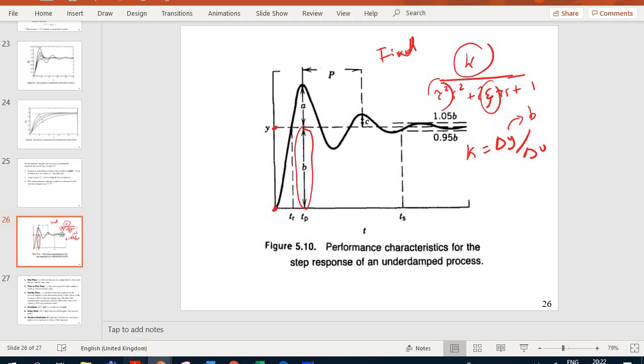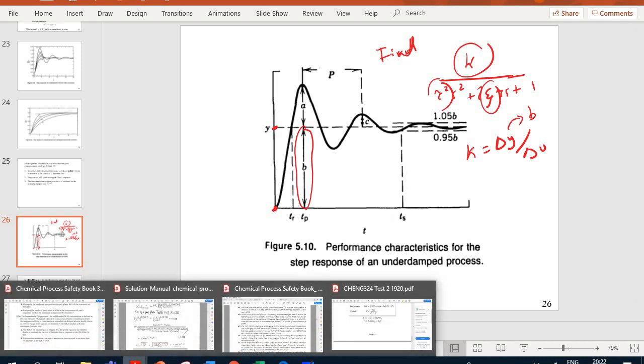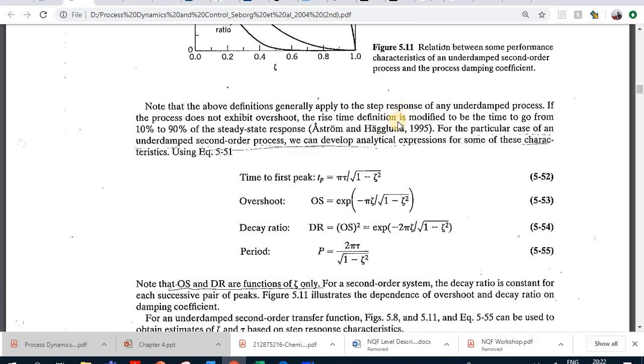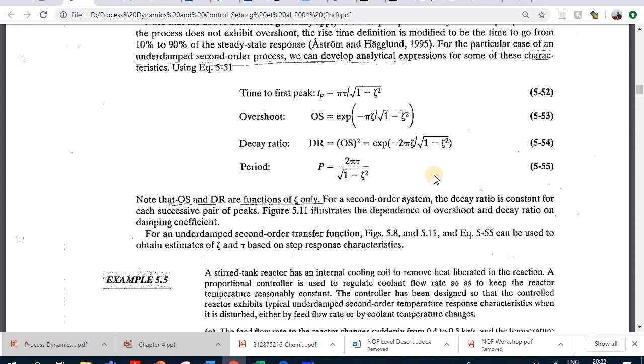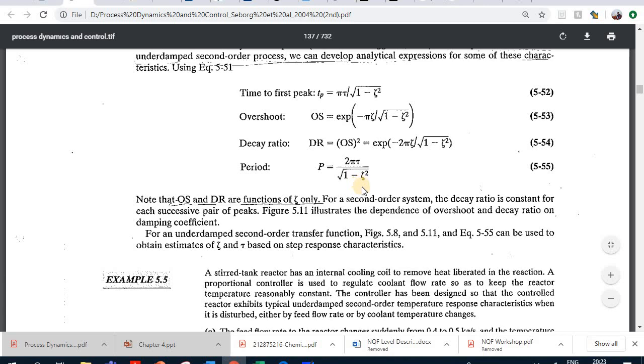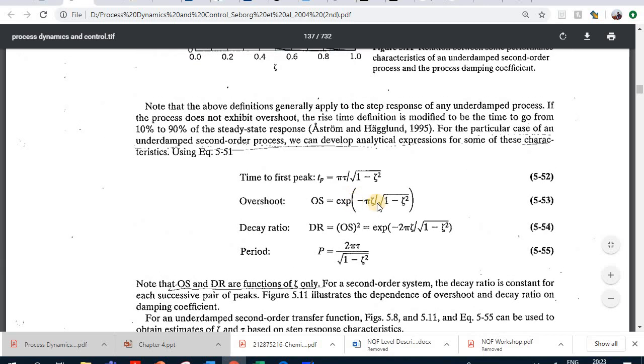If you go to your textbook, you're going to find a figure, which is 5.11, and you're going to find a group of equations. Either one you find is good.